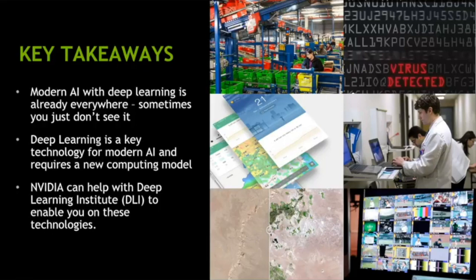Sometimes you just don't see it yet, but it is here. The key here with modern AI and deep learning is it required a new computing model with deep neural networks, which again required parallelized computing. And that's why NVIDIA was so dominant in this market now.